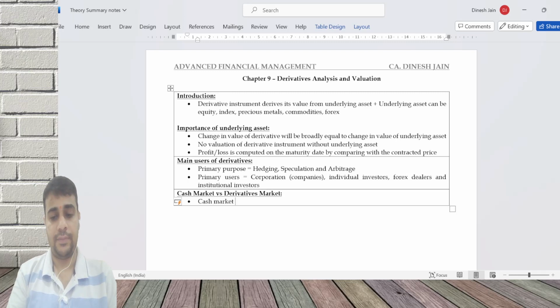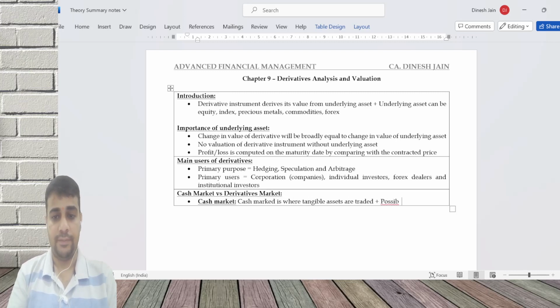Cash market refers to a place where tangible assets are traded.